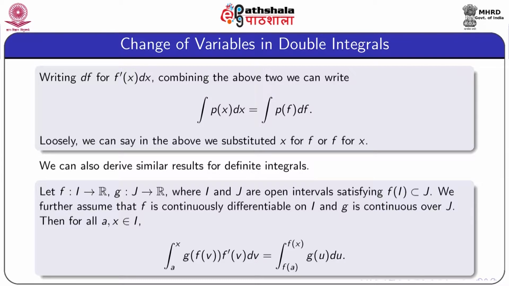We can also derive similar results for definite integrals. We mention the result here. Let f from I to R, g from J to R, where I and J are open intervals satisfying f of I a subset of J. We further assume that f is continuously differentiable on I and g is continuous over J. Then for all a and x in I, the integral from a to x of g f v f dash v dv equals the integral from f a to f x of g u du.